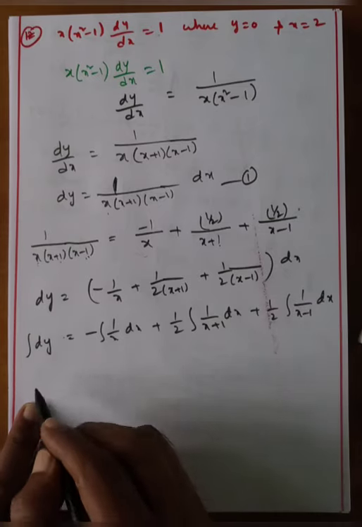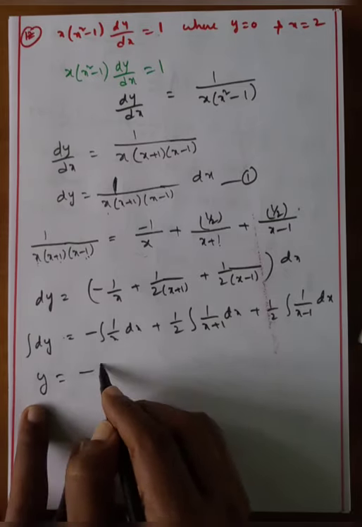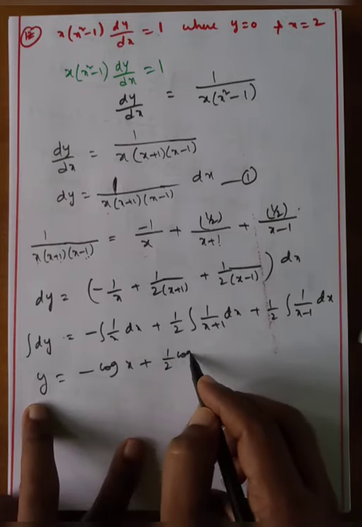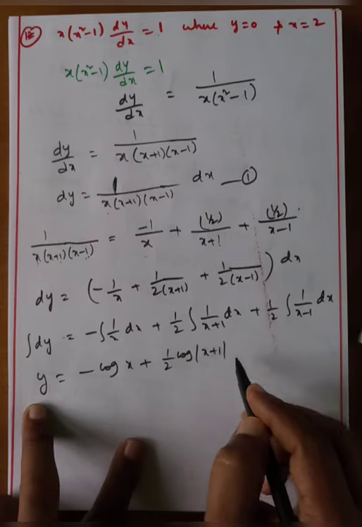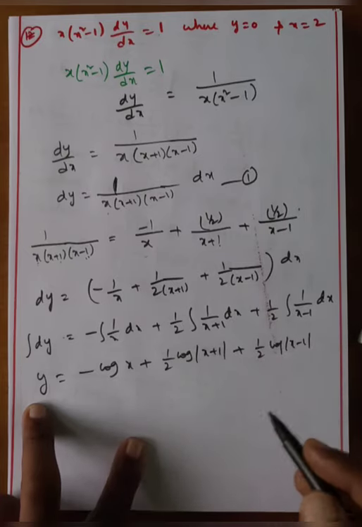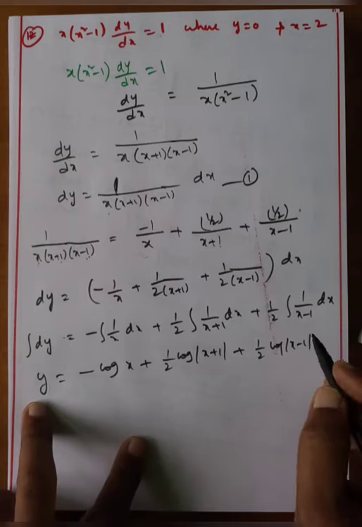Now y is equal to minus log x plus 1 by 2 log mod (x plus 1) plus 1 by 2 log mod (x minus 1). We will take the constant also, plus c.